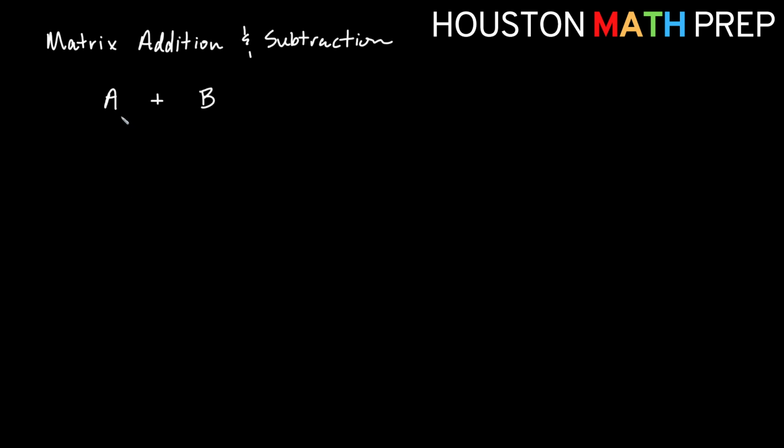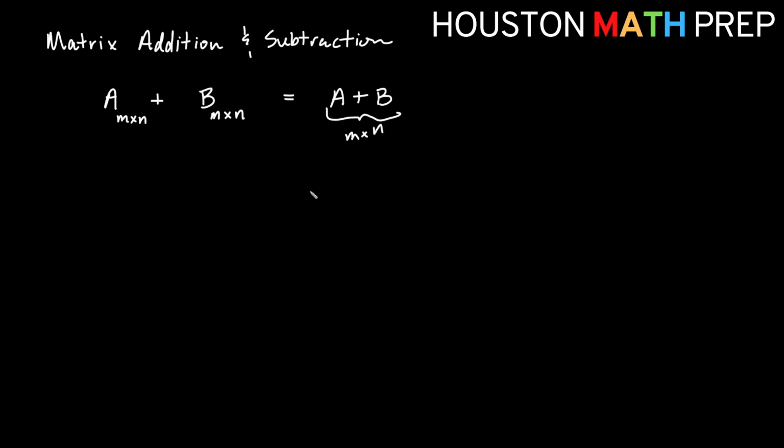So if A has m rows and n columns, so it's an m by n matrix, then really the only way to do addition or subtraction with another matrix is for that other matrix to also be the same size. In other words, it must have the same number of rows and the same number of columns.